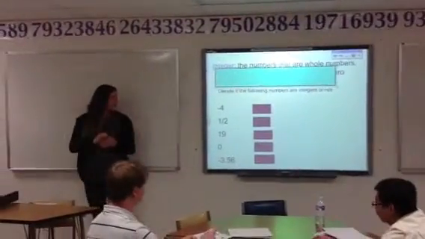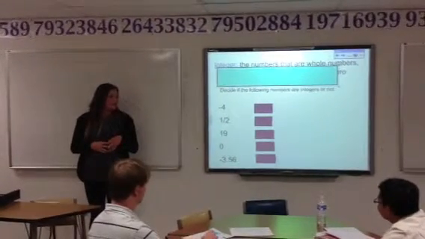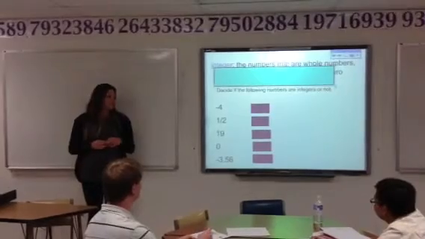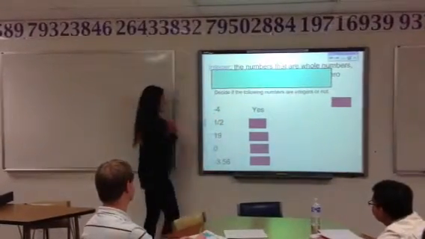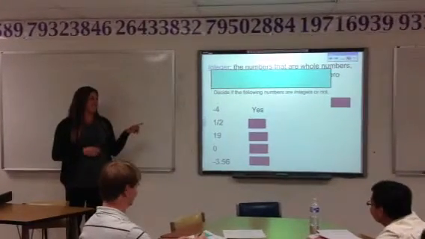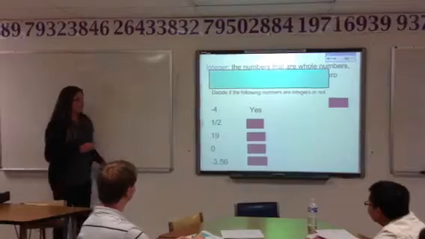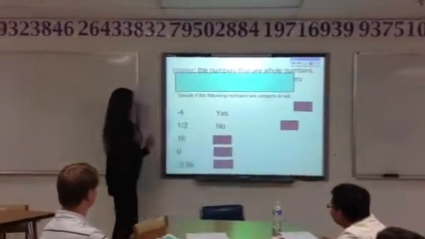Okay, so now we're going to decide if the following numbers are integers or not integers. So, who wants to volunteer for the first one? Alex. Yes, it's an integer. Good job. Shara, what is that second number? 1/2. And is that an integer or not? No. Very good.